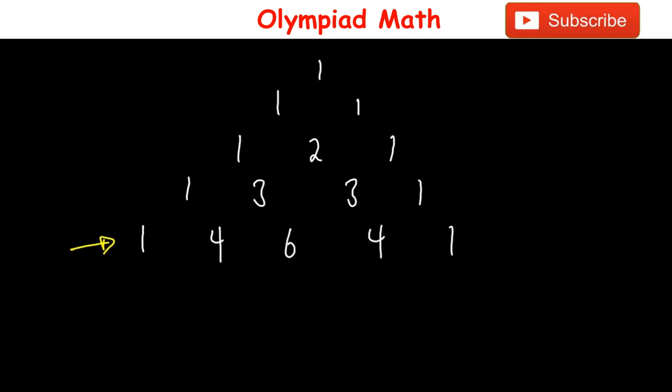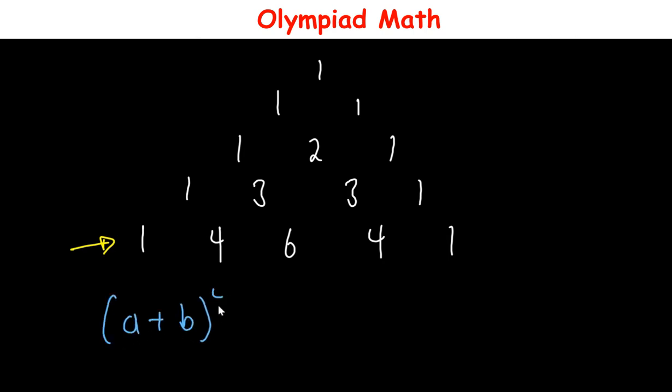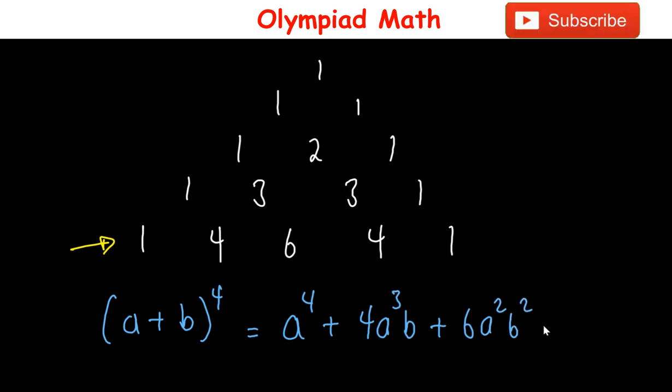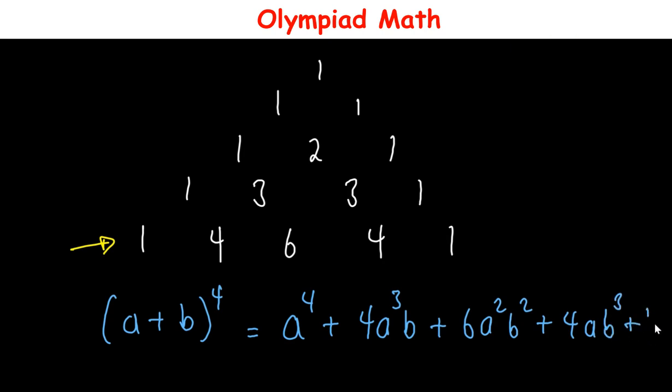If you have (a plus b) all raised to power 4, this equals a raised to power 4 plus 4a cubed b plus 6a squared b squared plus 4ab cubed plus b raised to power 4.